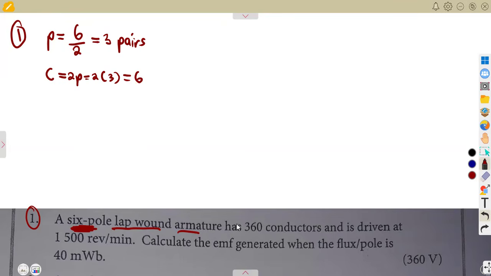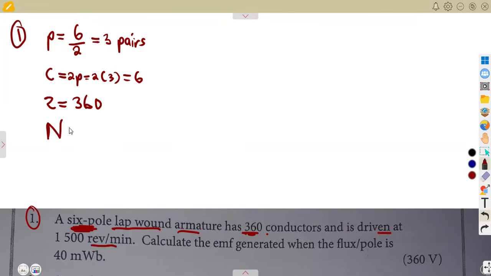That is the condition. How many conductors are we given? 360 conductors. So we are given Z, the number of conductors, 360, and it is driven at a speed in revolutions per minute.